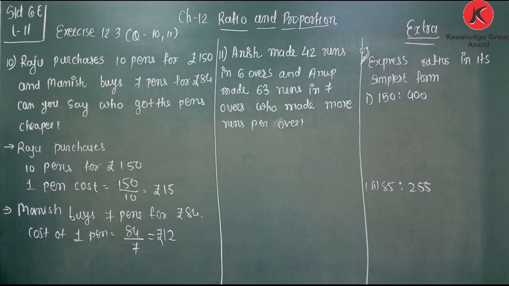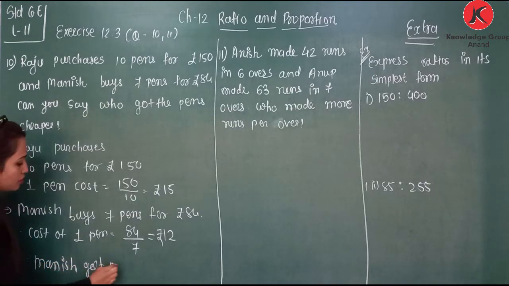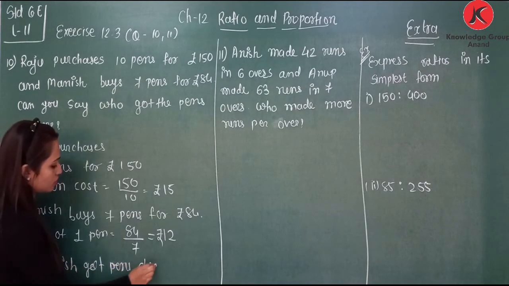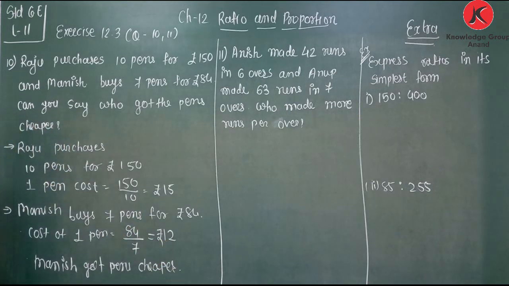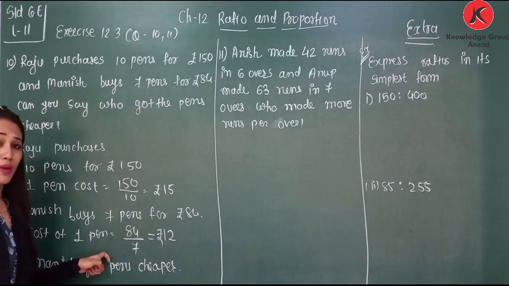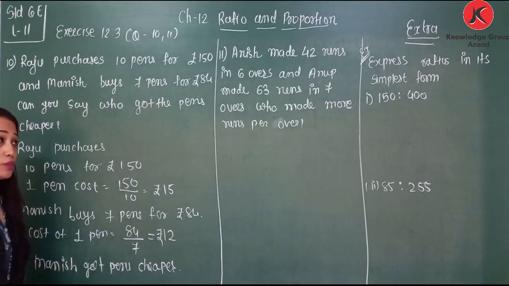Manish buys a pen at a cheaper rate. So we can write: Manish got pens cheaper, because the cost of 1 pen for Manish is 12 rupees and the cost of 1 pen for Raju was 15 rupees. So Manish got the pen cheaper.